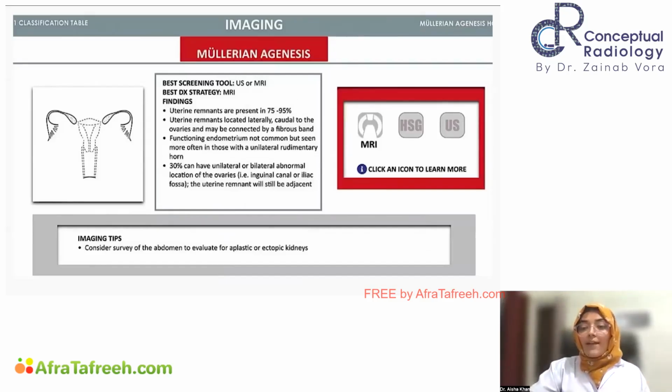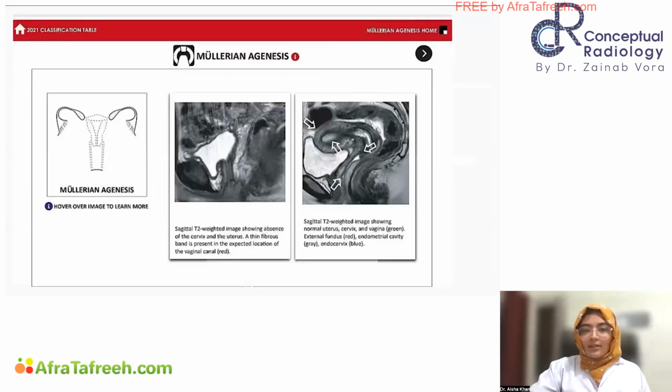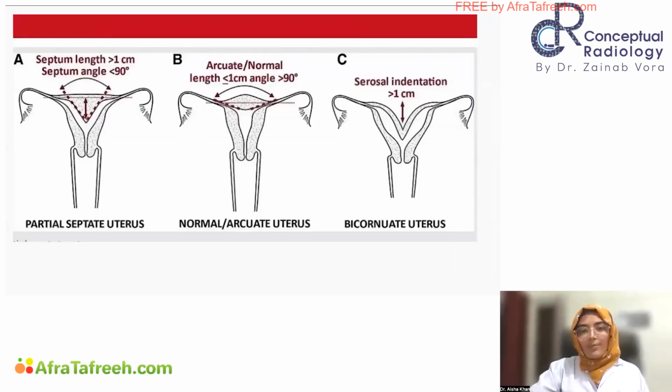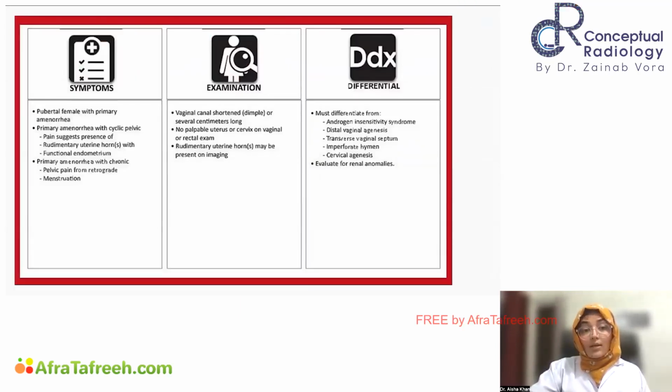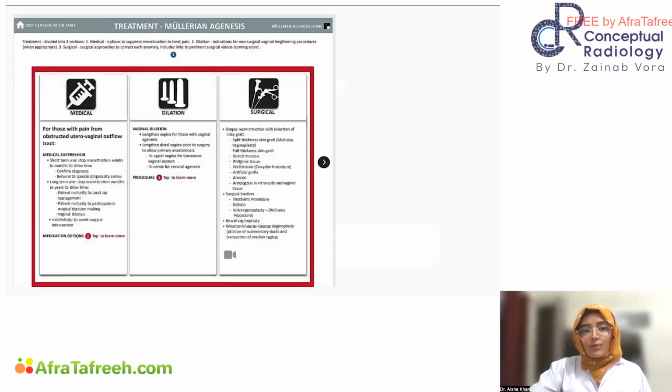They have included everything: MRI findings, HSG, ultrasound, and a lot of images, including all the modalities, angle measurements, distances, everything you can get here. You can look at the symptoms, examination, differential diagnosis. Then they also tell you about the treatment, the medical treatment guidelines, surgical treatment guidelines for any particular anomaly.